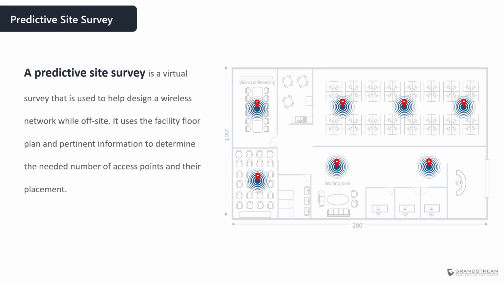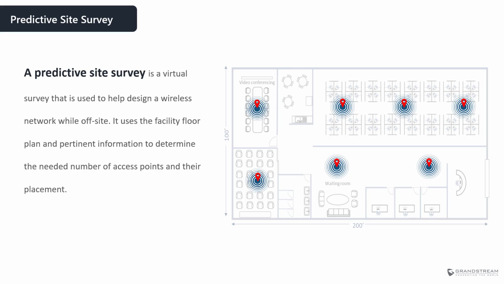And predictive site survey is a virtual survey that is conducted off-site, and it uses the facility floor plan or the blueprint and some relevant information to determine some useful results, such as the expected signal propagation, the number of access points needed, and their optimal placement.